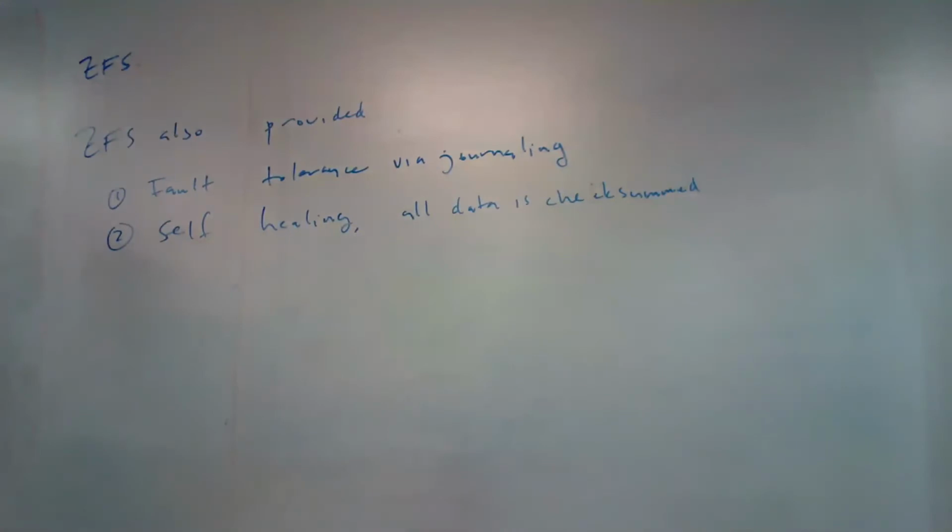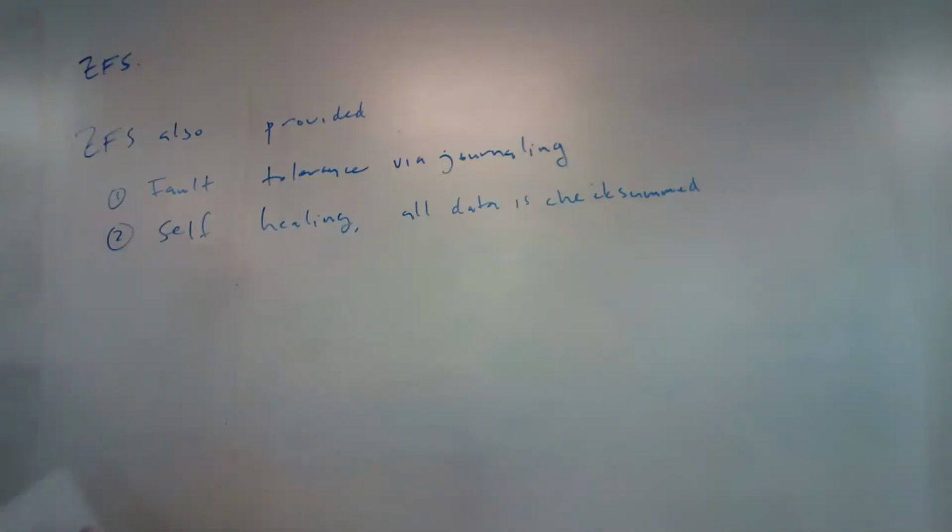And so ZFS can determine when data corruption occurs, and because it's doing journaling, it can almost always fix that problem. All right. And so that's completely transparent to you in the background. But every time you actually go to read a piece of data, checksumming occurs and correction occurs if needed. And so from your perspective, the data just never corrupts. You don't know whether it's actually corrupted and fixed or it's fine.